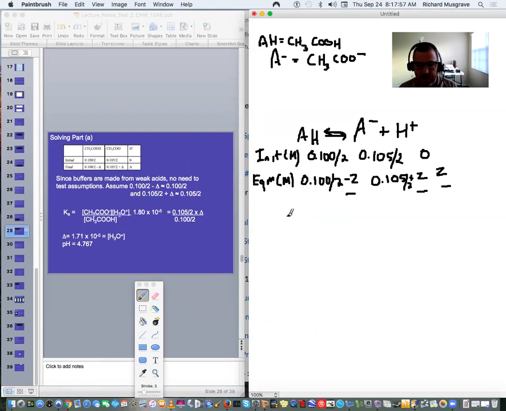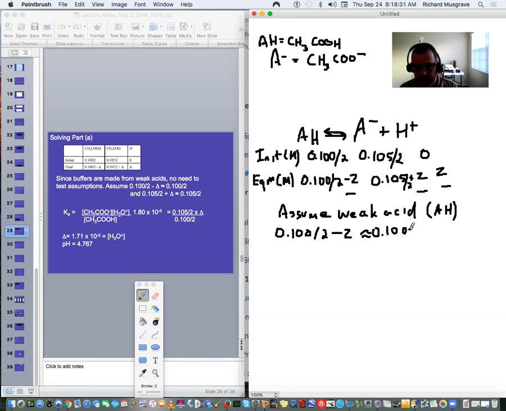We can assume weak acid, and we're talking about AH here as being the weak acid. Like I said, we don't have to validate this, but 0.100 divided by 2 minus Z is going to be 0.100 over 2. The Z here is so small relative to the 0.100 over 2 that we're just dealing with 0.100 divided by 2.